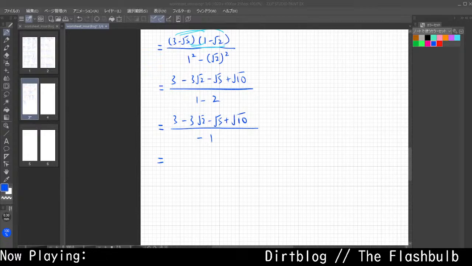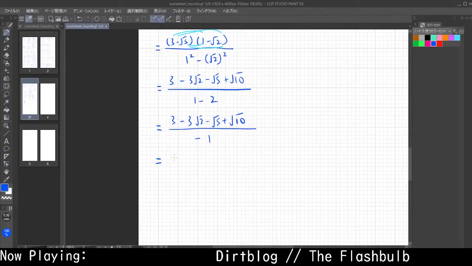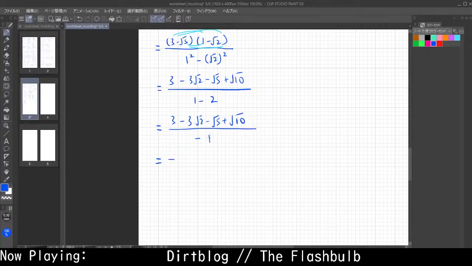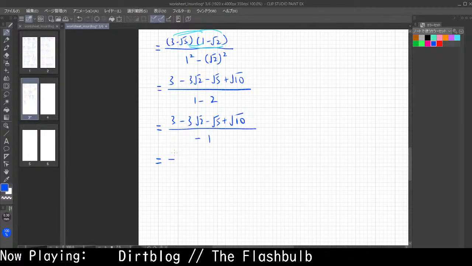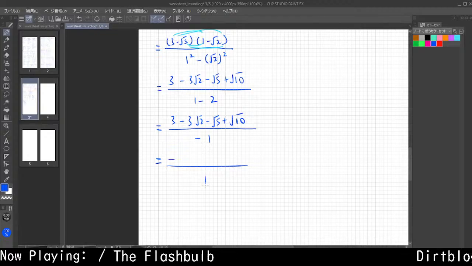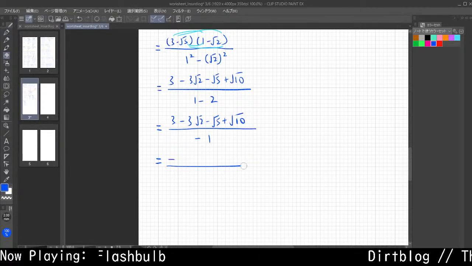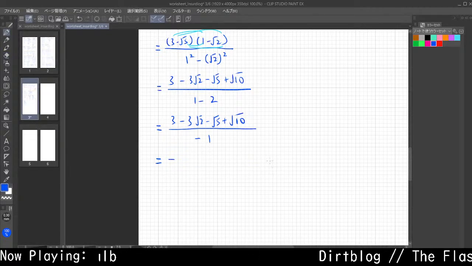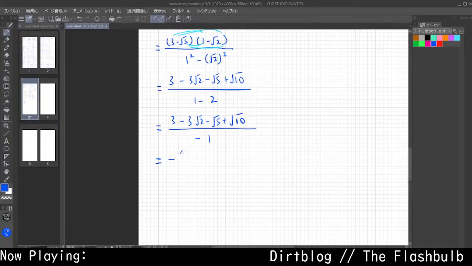Okay, back to this. The minus can go either top or bottom. I can choose to put it on the top, and so my denominator just becomes 1, and then it can disappear, so my entire thing just turns into one single line without the fraction.